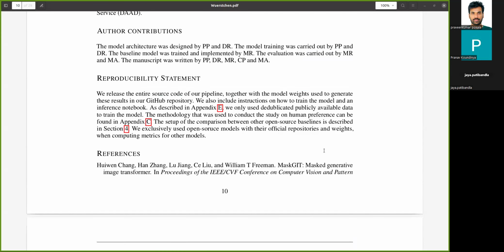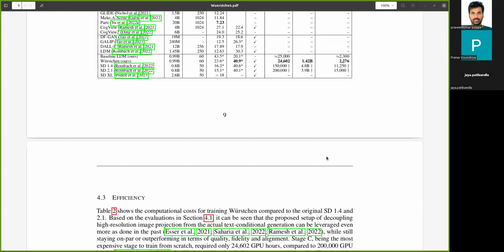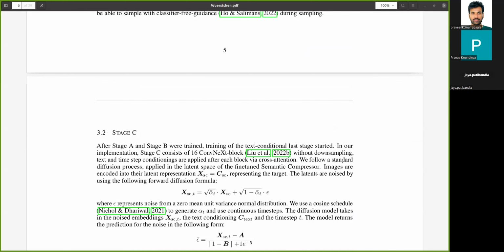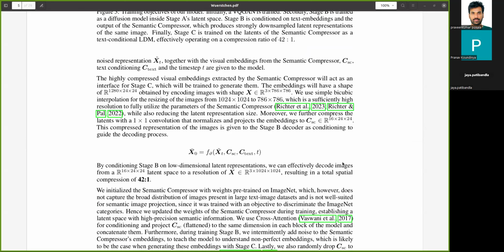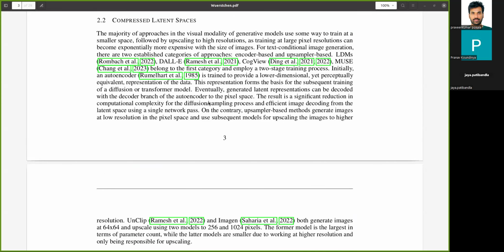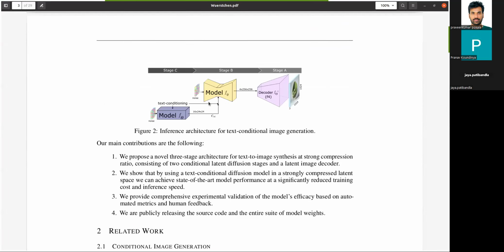If I go to the diagram again, this is the training. The main difference between stable diffusion and this architecture, the most basic difference, is that it has three stages. One of the stages works in a low dimensional space, and this is not decoded or anything.